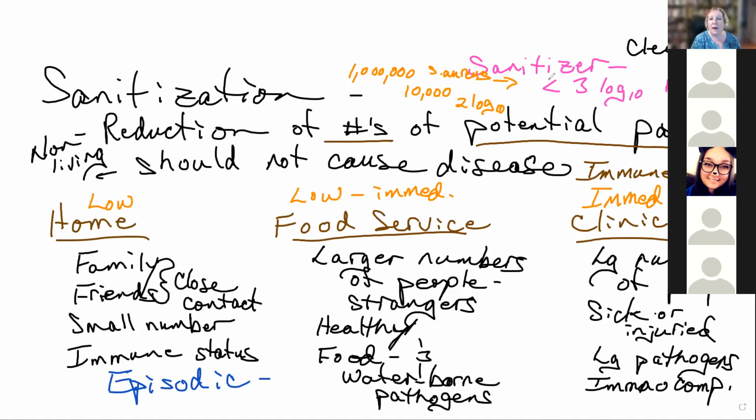That's not to the 3-log reduction, so then I would say that I'm a sanitizer. So a sanitizer is less than a 3-log 10 reduction. I did not succeed in knocking off 3 zeros.